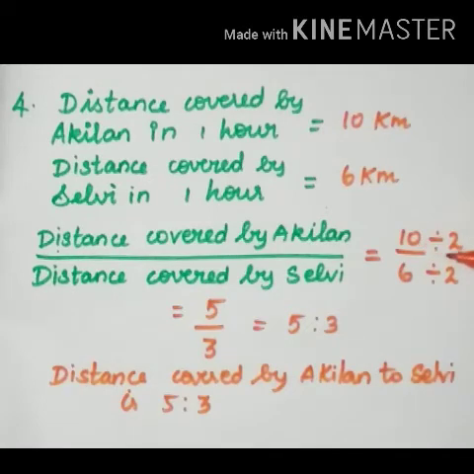So 10 divided by 2, you will get the answer as 5. 6 divided by 2, you will get the answer as 3. Further, we can't simplify the numbers 5 and 3. So write it in the ratio form 5 is to 3. Distance covered by Akilan to Selvi is 5 is to 3.